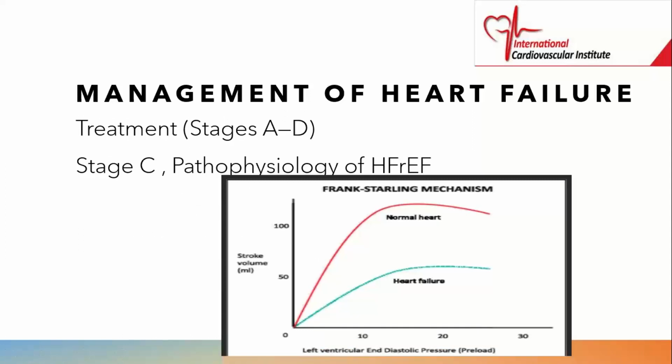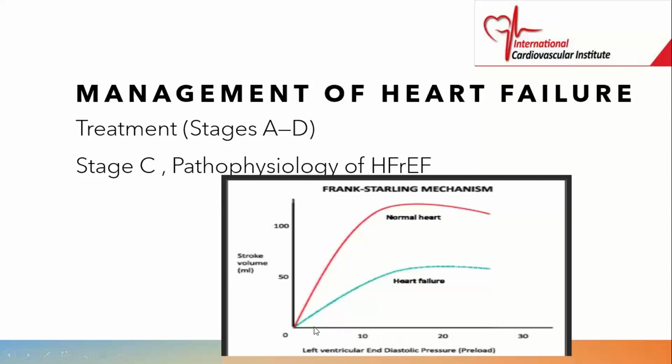Now, before we go on to the pharmacologic treatment of heart failure, we're just going to review a bit of the pathophysiology of heart failure. So this is nothing complex. This is a graph, and on the horizontal axis, we have the pressures, and we call this the preload.